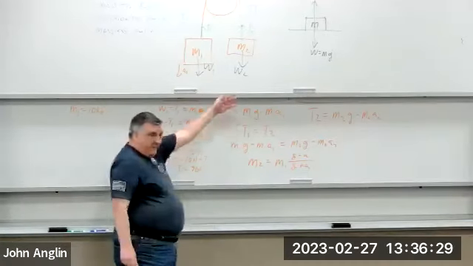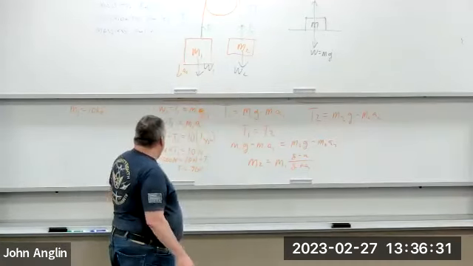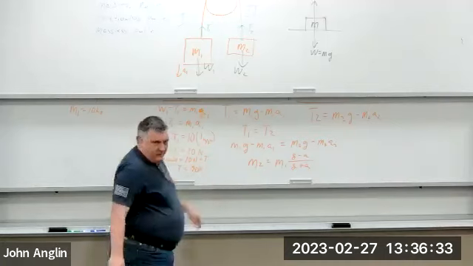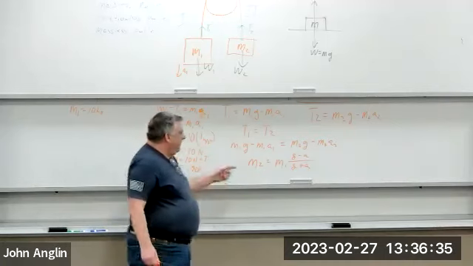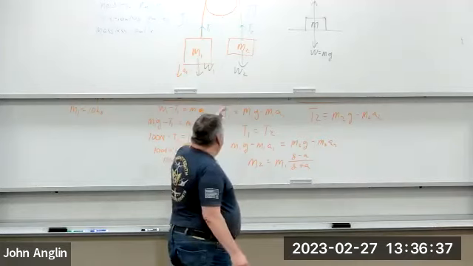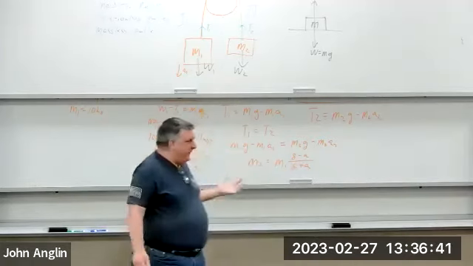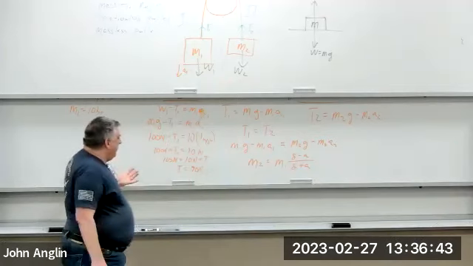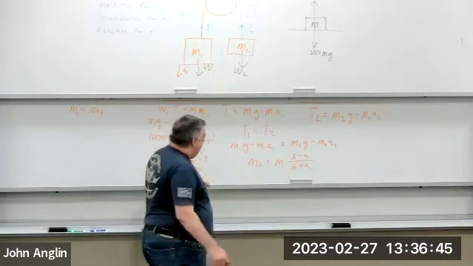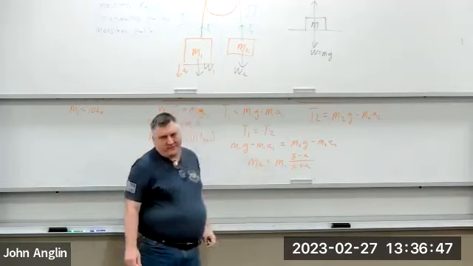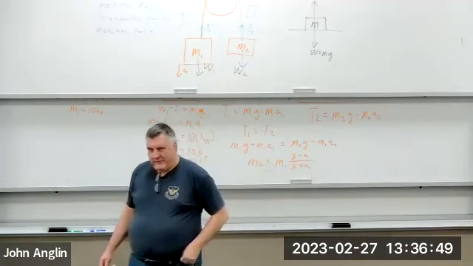I could certainly find how quickly that thing's moving. It should work out to be 1 meter per second squared. If I didn't know how much that weighed, and all I knew was how quickly the thing is moving, I could plug my numbers back in and find out what that mass is. So this is pretty useful.